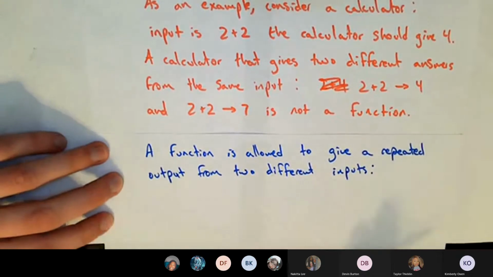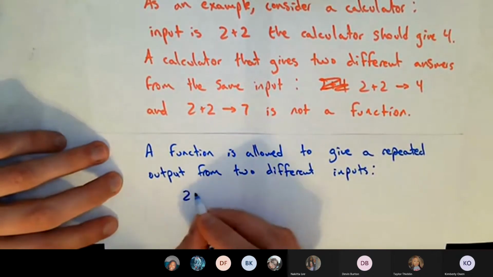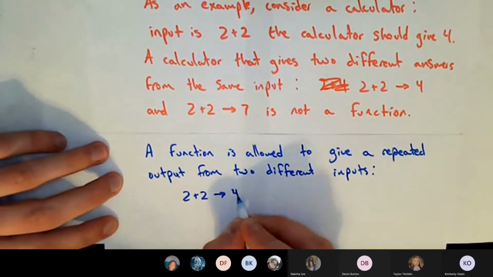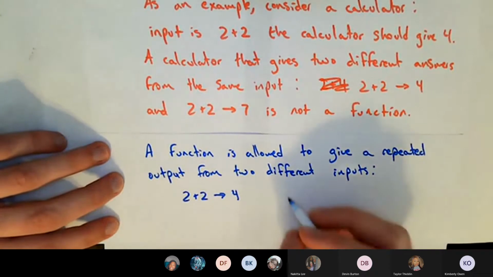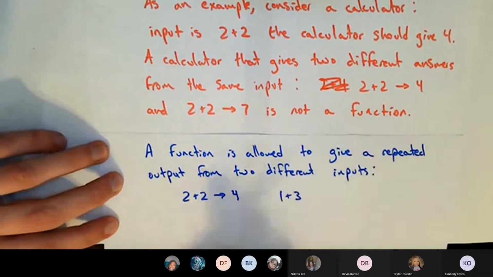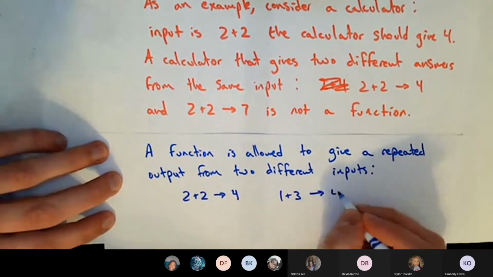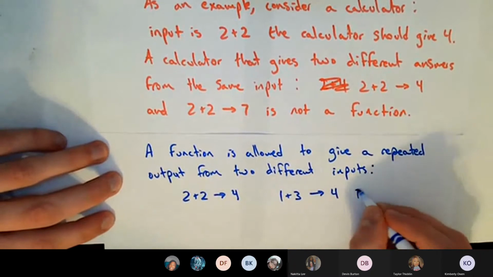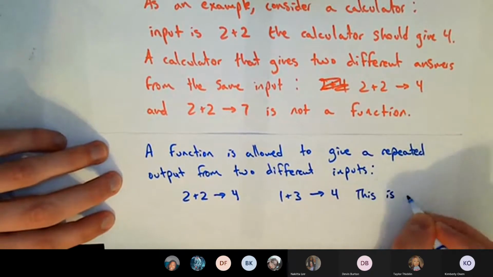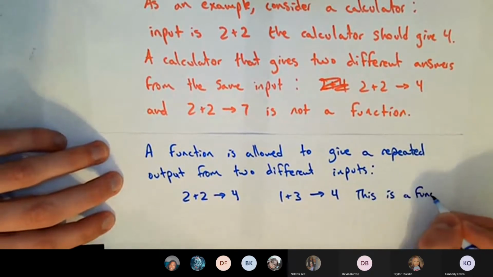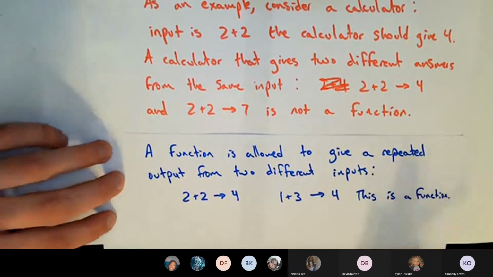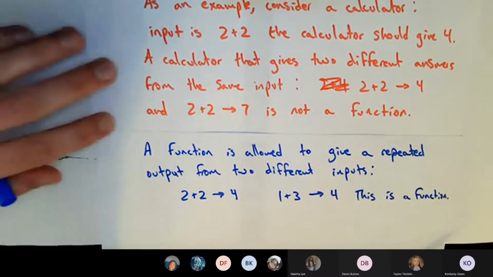And if I keep going with the calculator example, then I can say, like, for instance, if 2 plus 2 gives me 4, okay? And then I say 1 plus 3, that's a different input, but it's giving me the same output. That's okay. This is still a function. This is a good function. Or at least it fits the definition of a function.